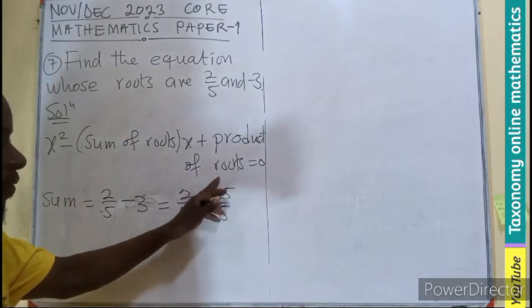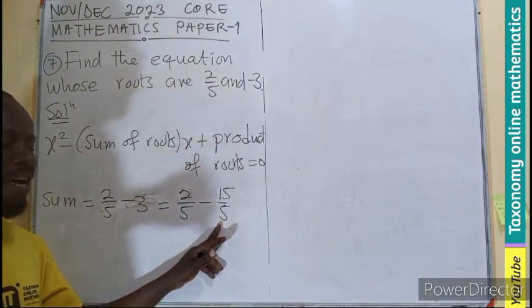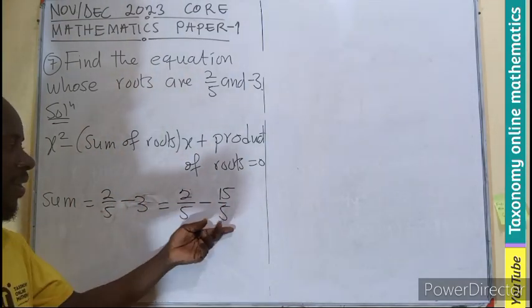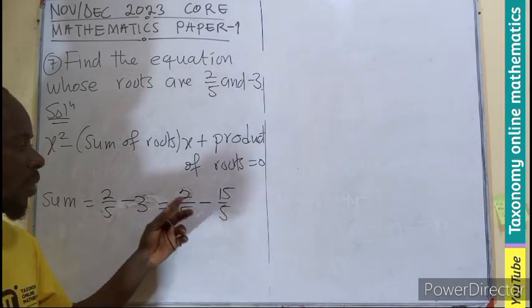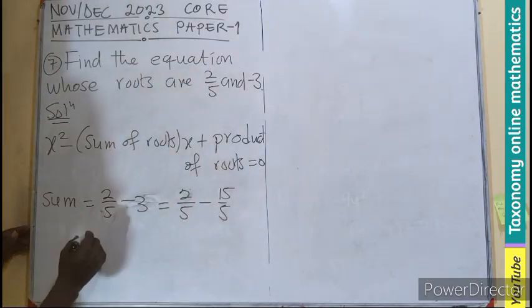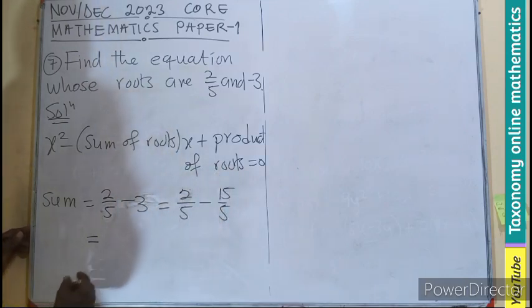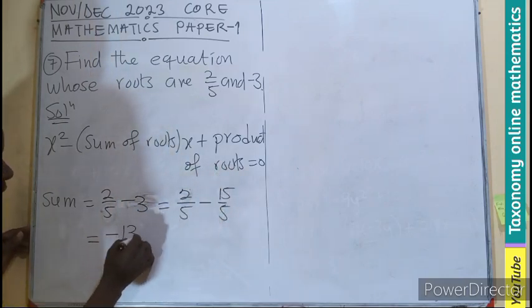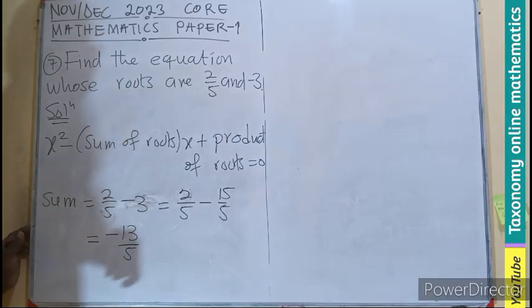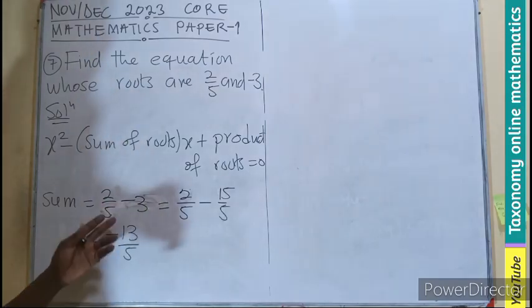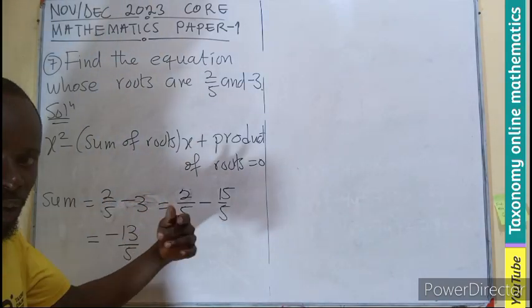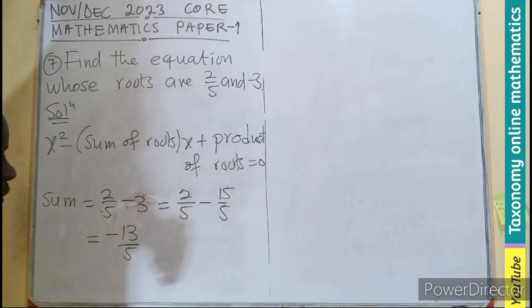We know 15 divided by 5 gives us 3. So we have the same denominator, so we can subtract the numerators. Our sum is going to be 2 minus 15, that will be -13 divided by 5. So the sum is a fraction subtraction. You can do it the way you prefer also.